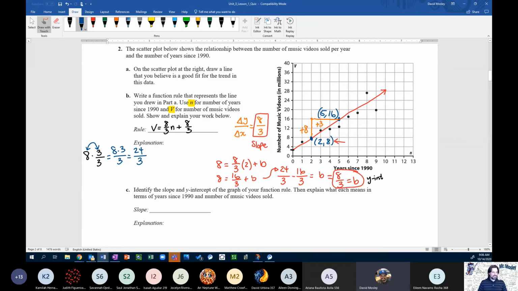So part C says identify the slope and y-intercept of the graph for your function rule. Explain what each means in terms of years since 1990 and number of music videos sold. So we know our slope is 8/3.